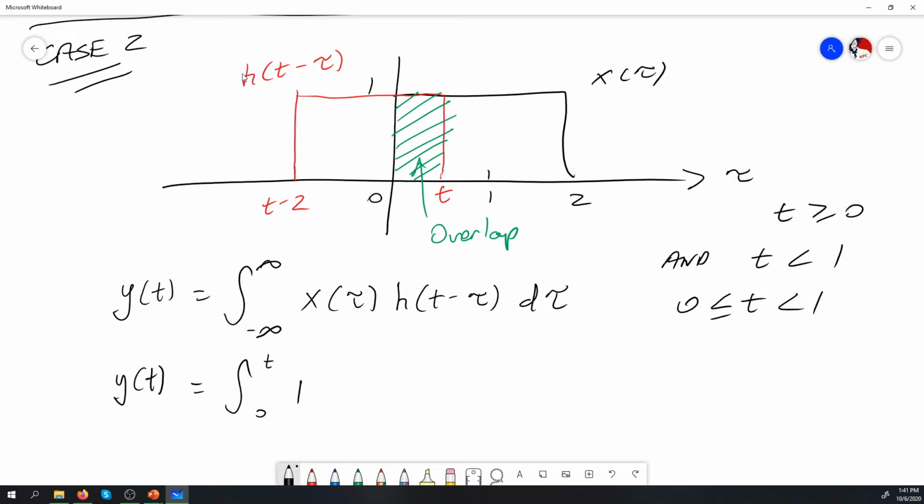H of t minus tau also has a constant value of 1. This is being integrated with respect to d tau. So if we integrate 1 d tau, we get a resultant value of tau, and we substitute in our integral limits t and 0. So this comes to t minus 0, which gives us a result of t.